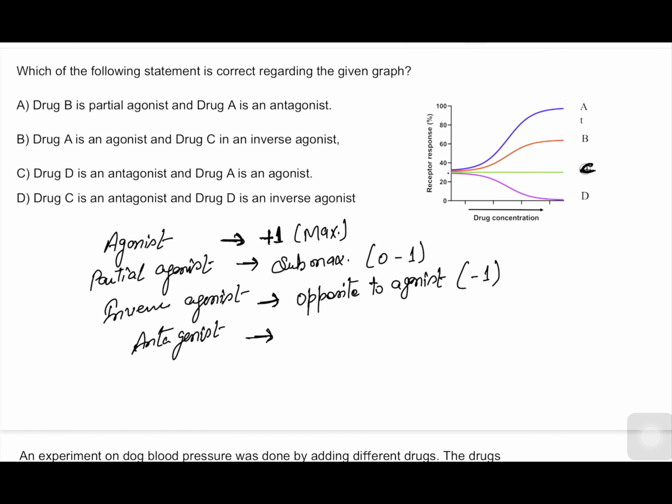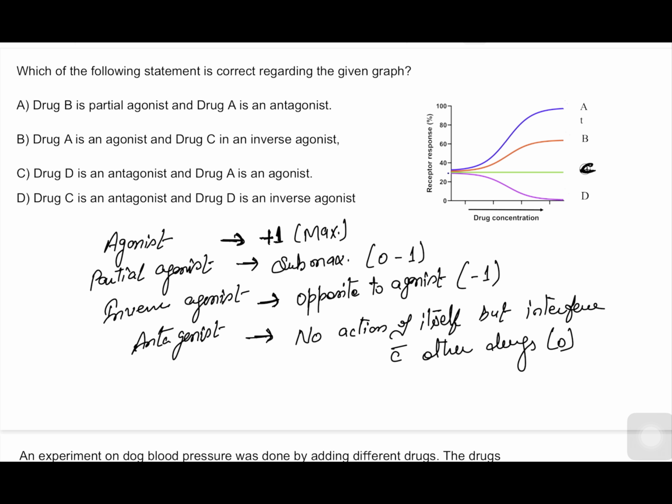And we have drugs which can be antagonist. Whenever any antagonist binds to a receptor, it has no action of its own, but it can interfere with other drugs. So their intrinsic activity will be 0.